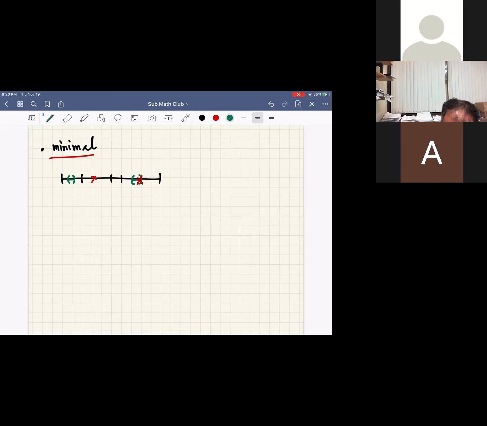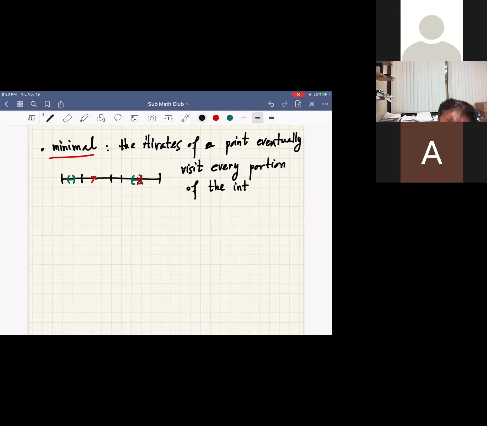Let me write here that the iterates of a point eventually visit every portion of the interval.